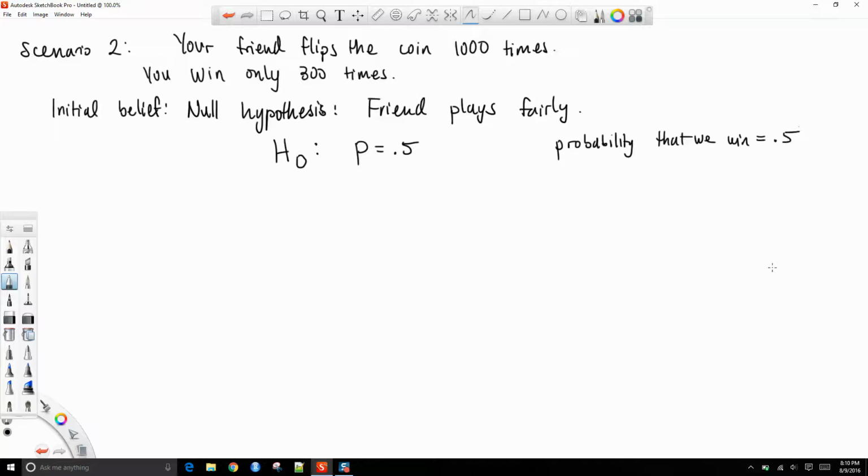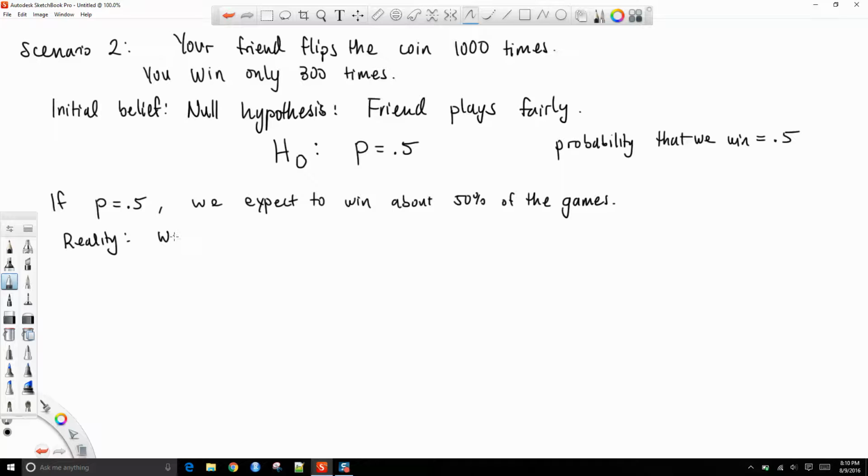If P is equal to 0.5, if the null hypothesis were true, we expect to win about 50% of the games. The reality is we only won 30%. So this time P hat is equal to 0.3, okay?